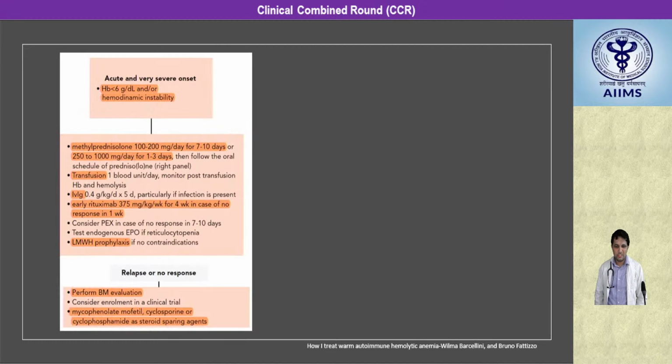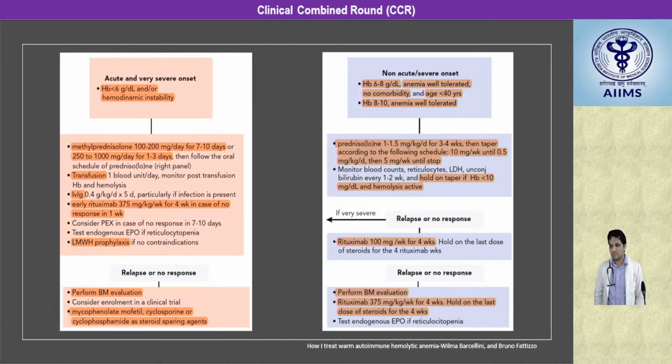If the patient presents with a severe or acute presentation, meaning hemoglobin less than 6 or hemodynamic instability, we have to start methylprednisolone pulse therapy, 250 mg to 1 gram per day for 1 to 3 days. Transfusion if required, and IVIG if underlying infection is present. Early high-dose rituximab can be considered if there is no response, and anticoagulant therapy should be given if there is no contraindication.